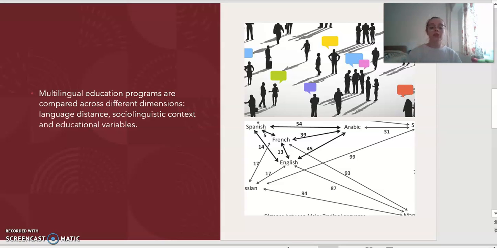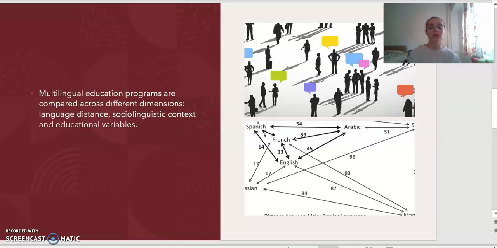And multilingual education programs are compared across different dimensions: firstly, language distance; secondly, sociolinguistic context; and thirdly, education variables. And what is language distance? It is all about syntactic structure, phonological system, and lexis.